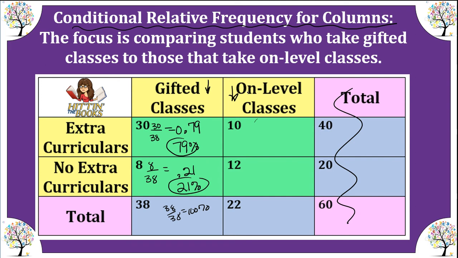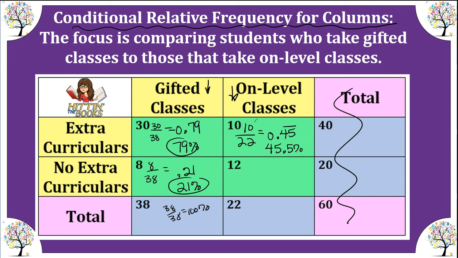Now let's take a look at on-level classes. So of 22 students that I surveyed that have on-level classes, 10 of those take extracurriculars. So this is going to be 10 divided by 22, which gives us our decimal. So that is 0.45 repeating. We multiply that times 100 and we get 45 point, I'm just going to go ahead and say 5%.